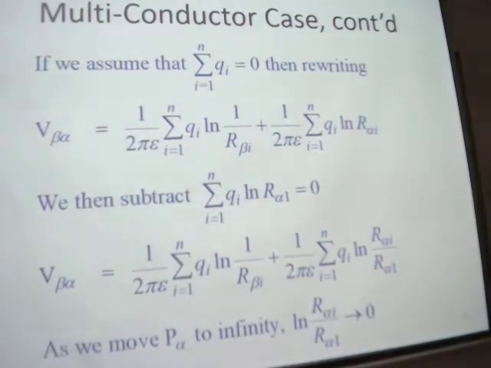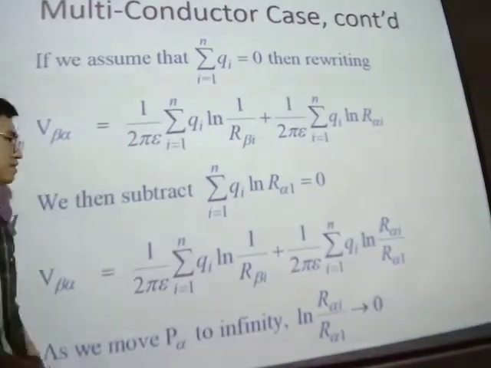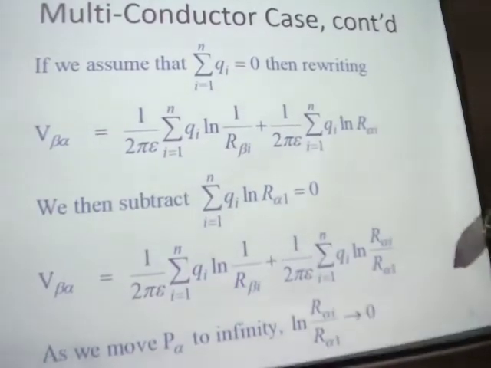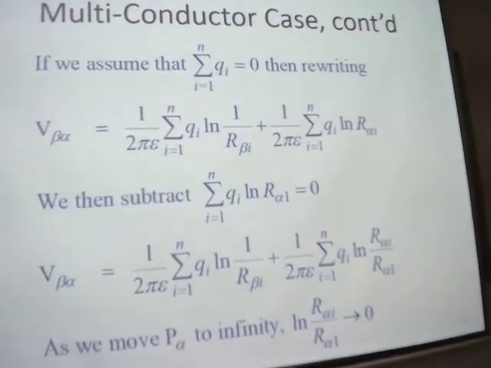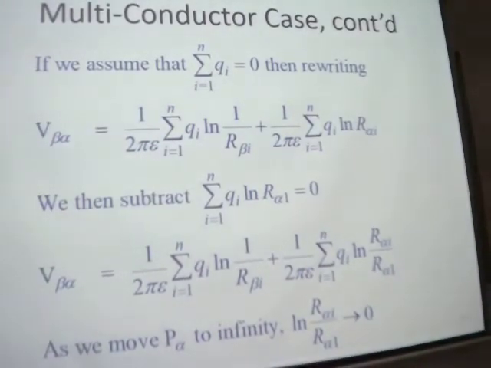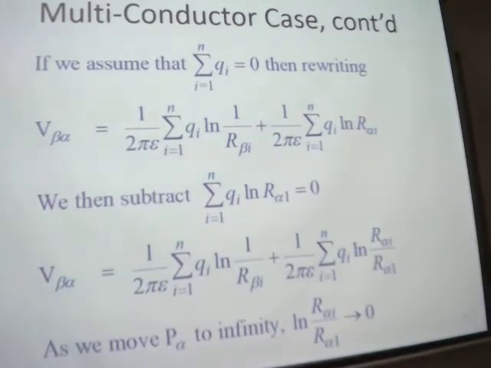So 1 divided by infinity equals 0. Yes, you're right.